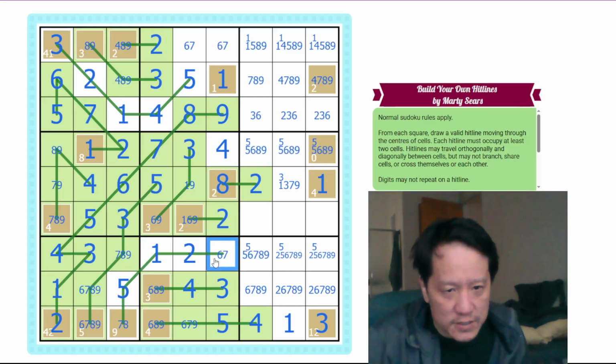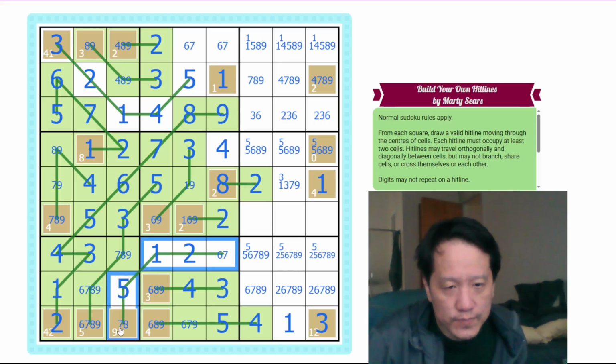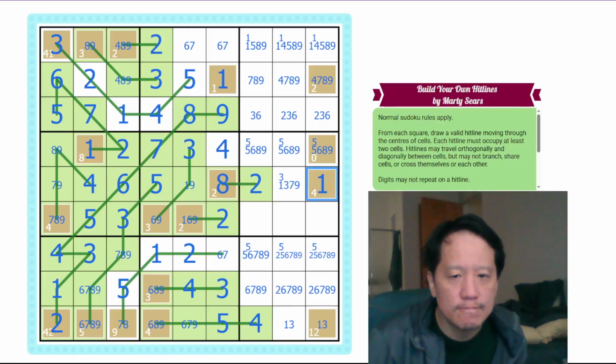Because this needs access to the 4. It also needs access to a 3, actually. That means this must access a 3.